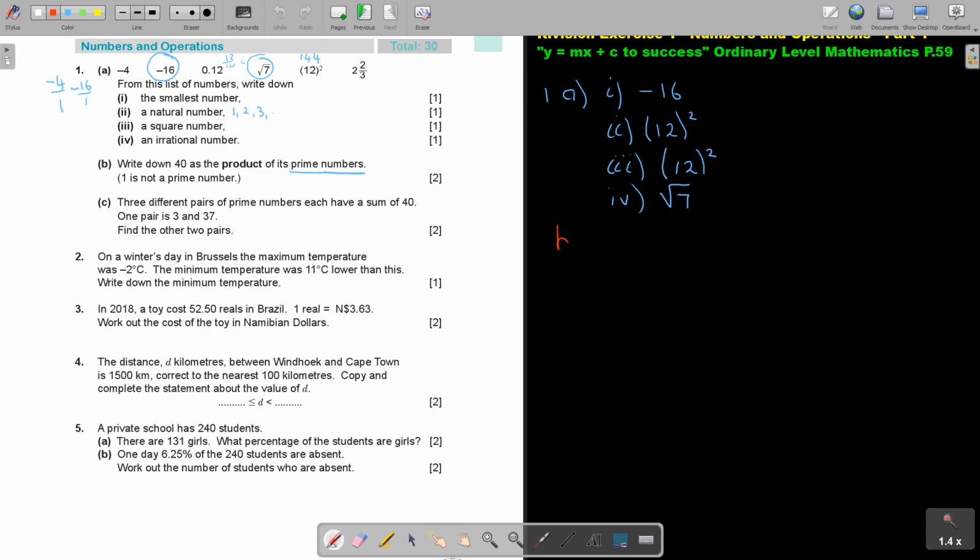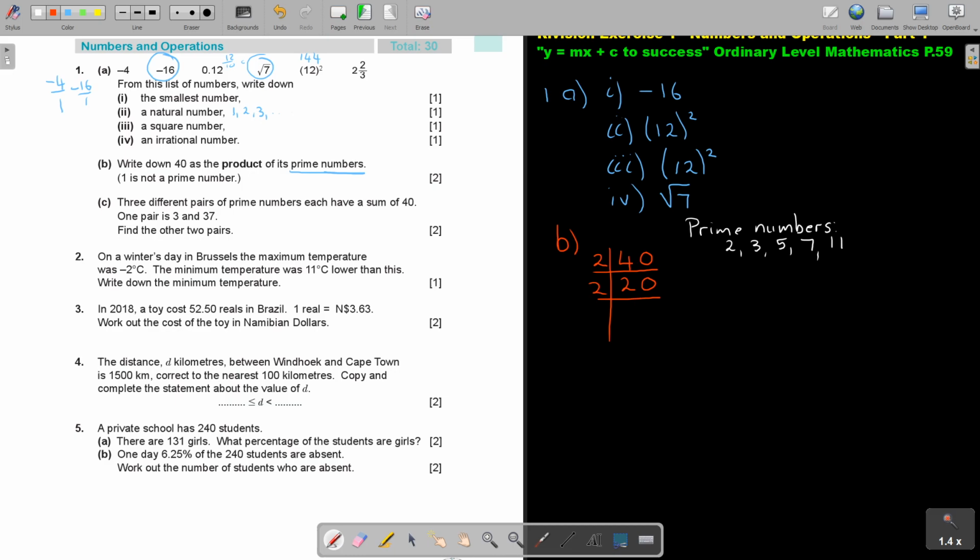That's easy now. We're just going to say, okay, there is my 40. It's always nice to use those blocks. And can you still remember? I should have swapped the colors, but it's fine. So these are my prime numbers. And what are my prime numbers? It's 2, 3, 5, 7, 11. So I start with 2, and 2 can go into 40, giving 20.